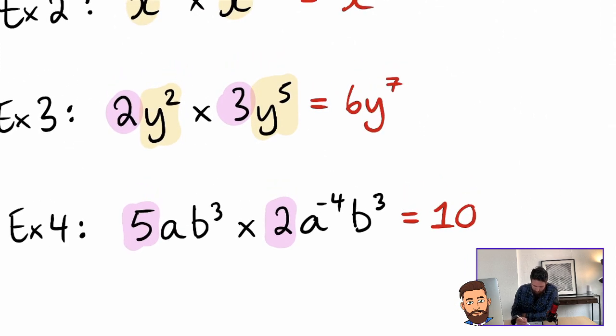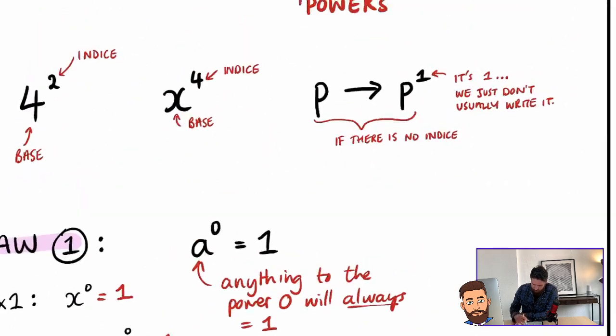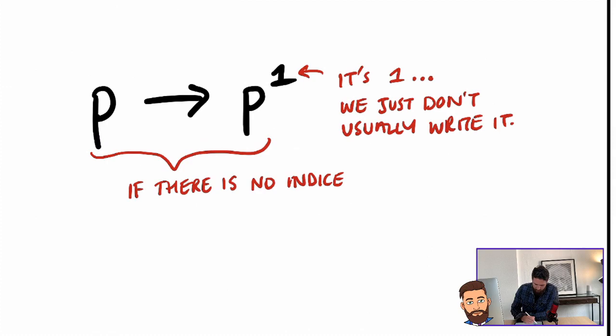Now I'm going to look at my a's. Now this is going to refer back to something that we spoke about a second ago. Got a and a to the minus 4. If we think a, there is no power. So what's my rule? I'm timesing, so I need to add the powers, but there is no power. However, right at the beginning I discussed here, if there is no power or no indice, it is 1.